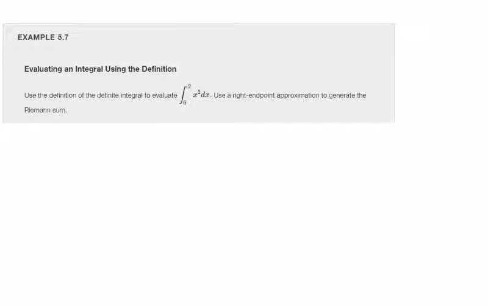All right, and so let's look at how we can evaluate this. Here it's saying evaluate using the definition, right? So we're given that definition. Remember that our definition is the limit as n approaches infinity of the sum from I equals 1 to n of this function. In this case, it's x squared.